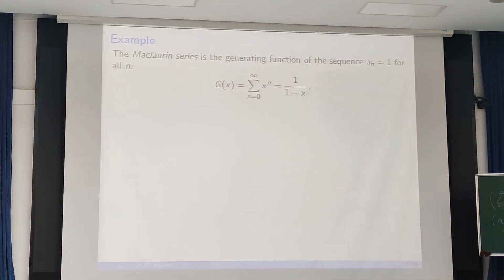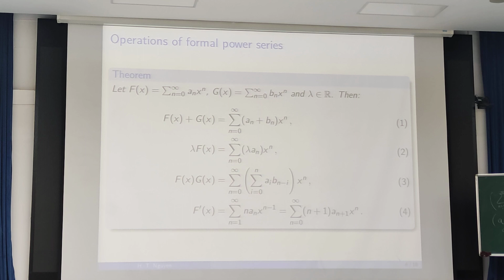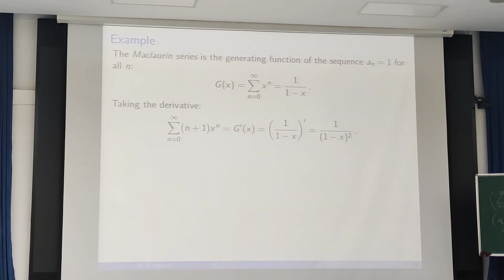So we will try to apply some operations on this power series. So if we take the derivative of this, okay? According to our previous slide, it's the same as taking the derivative of each term. So the left hand side will become the sum of n plus 1 times x to the power n, where n goes from 0 to infinity, which is g prime here.